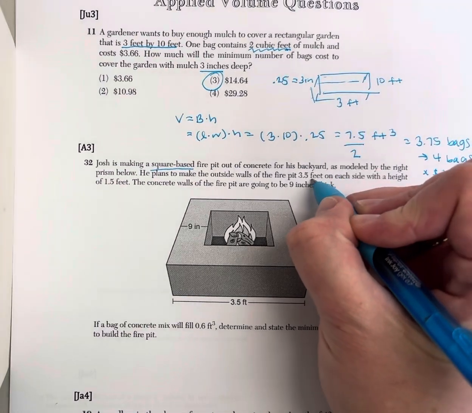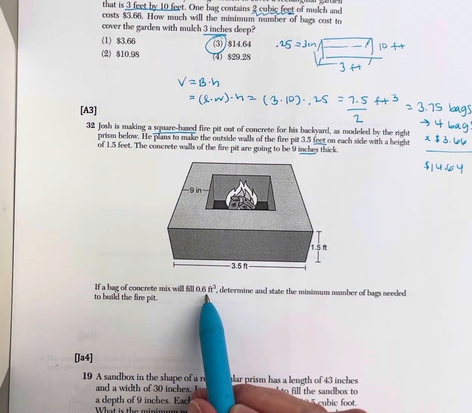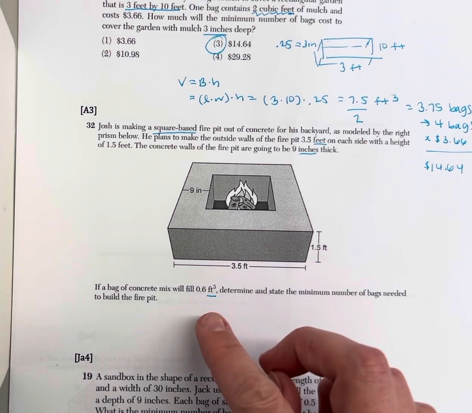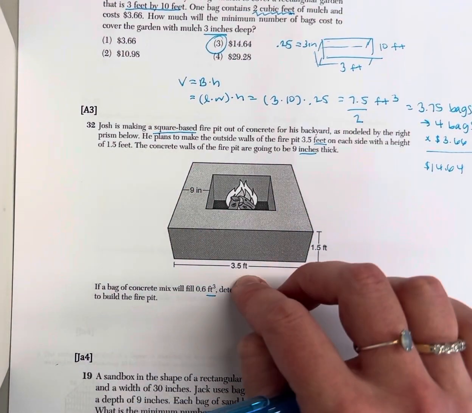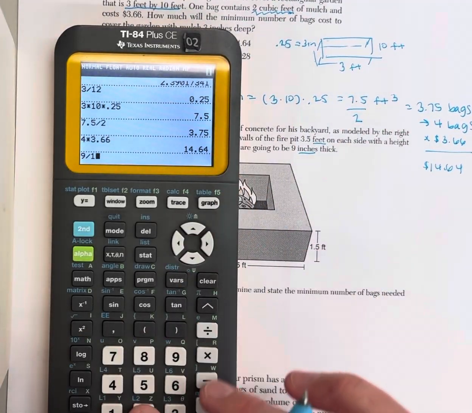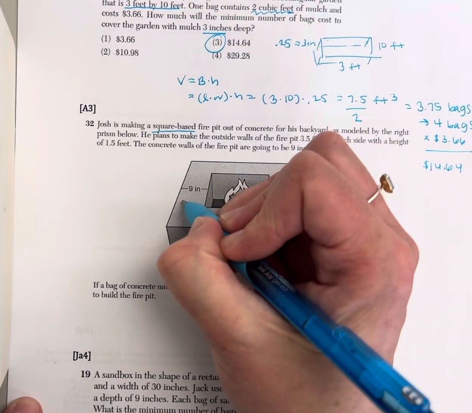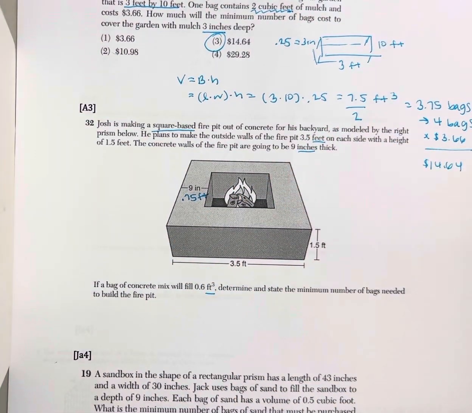Notice we've got feet and inches. A bag of concrete mix will fill 0.6 feet cubed. This is in feet, so we want everything to be in feet: 3.5 feet, 1.5 feet, 9 inches is 0.75 feet. Determine and state the number of bags needed to build the fire pit.